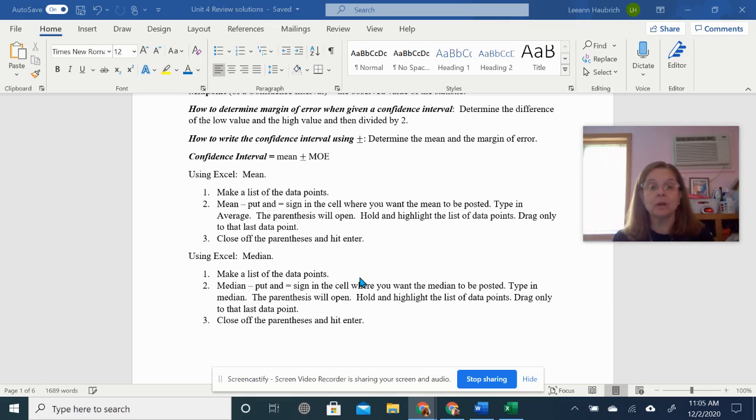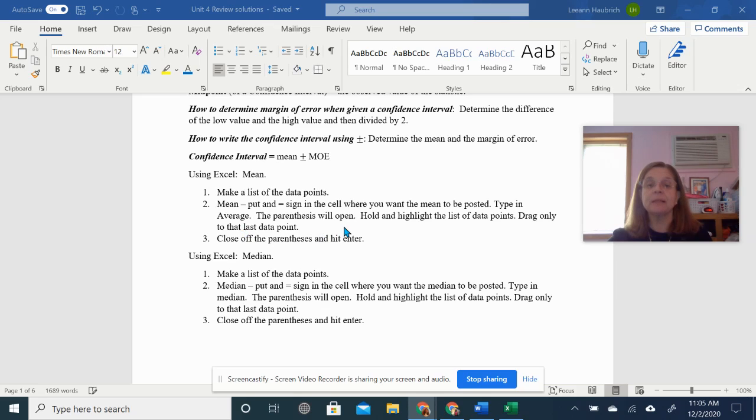It will not work. Another name for mean is average. So you put your cursor in the cell where you want the mean to appear. Put the equal sign in. Type in the word average, and it'll come up before you even finish the whole word.